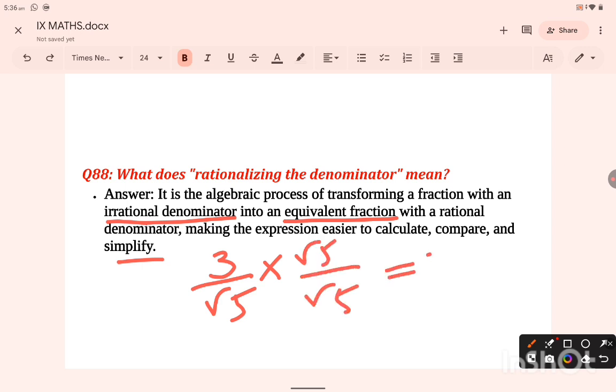That gives 3 root 5 by 5. Here 5 is rational. In 3 by root 5, the denominator root 5 is irrational. When we rationalize the denominator, it gives 3 root 5 by 5. Here the denominator 5 is a rational number.